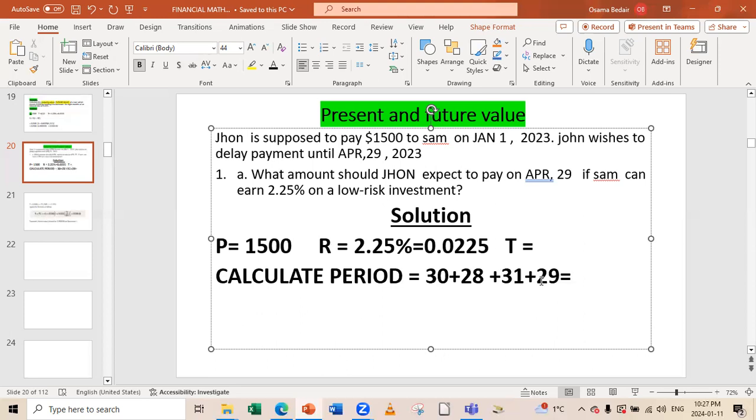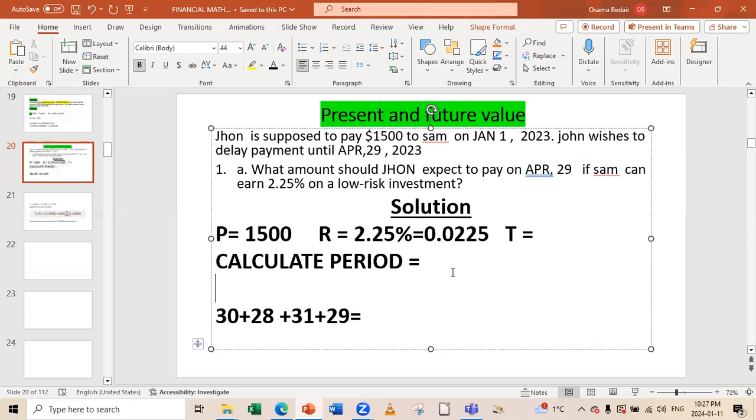We'll collect these days together by the calculator. I will do them in front of you so that it will be clear. In January, 30 days left. Plus in February, 28 days.